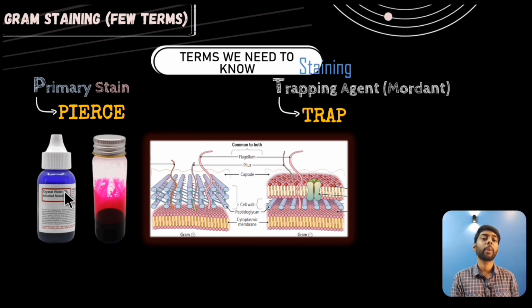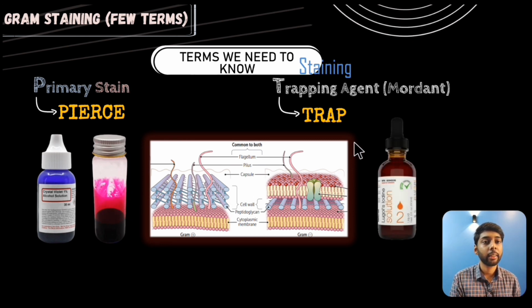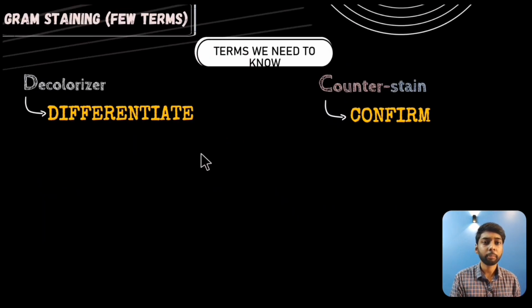So in case of gram stain, we will use crystal violet as the primary stain and carbofuchsin for the acid-fast staining. And as a trapping agent in gram stain, we will use Lugol's iodine solution. So actually, what we want to get here is the iodide ion from the iodine solution. And we'll talk about it a little bit more as we move on.